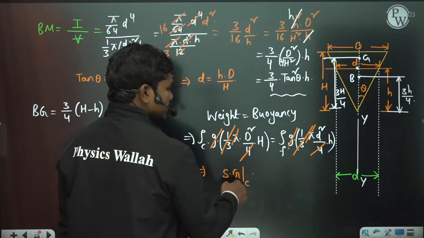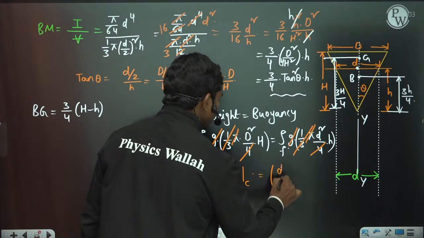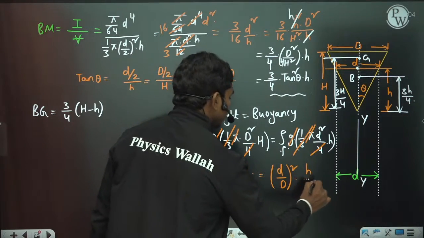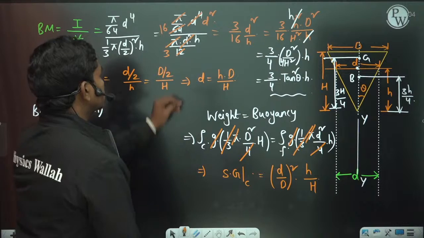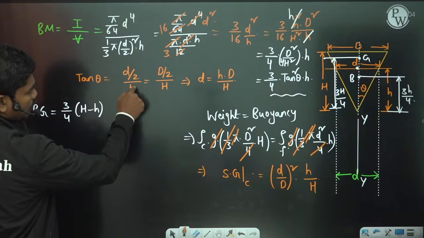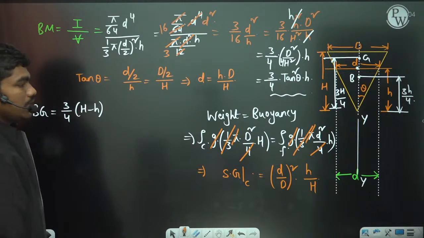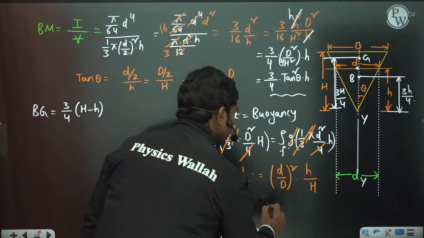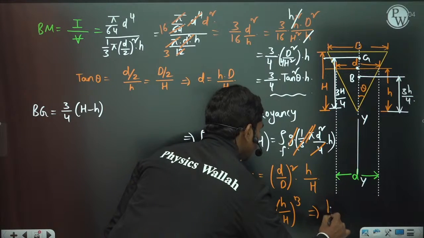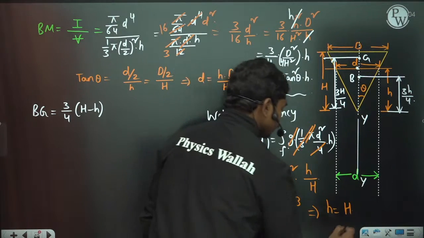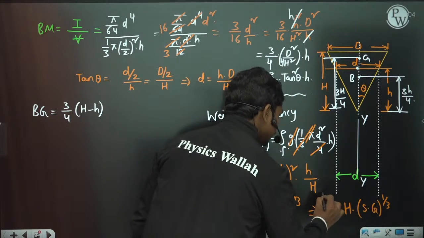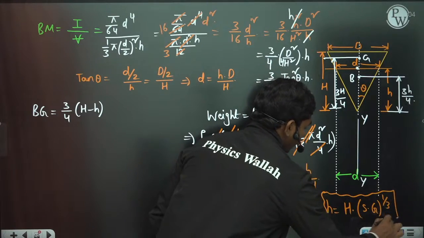So specific gravity of cone is equal to small d by capital D whole square into small h by capital H. Okay, so if you see, small d by capital D is equal to small h by capital H. So we can replace this total value with small h by capital H whole cube. So small h is equal to capital H times the specific gravity of the cone material whole to the power 1/3. So this is the depth of submersion of the cone into the water.